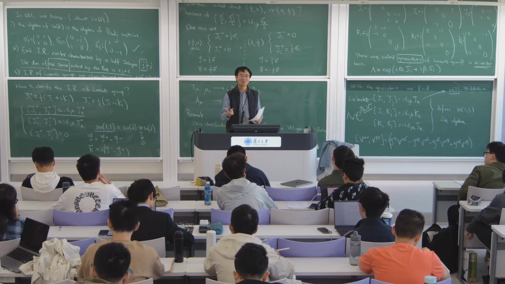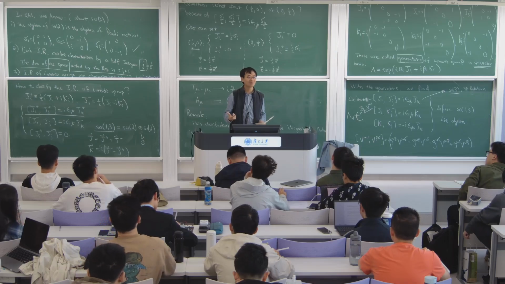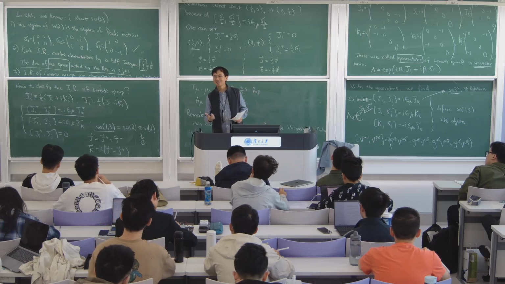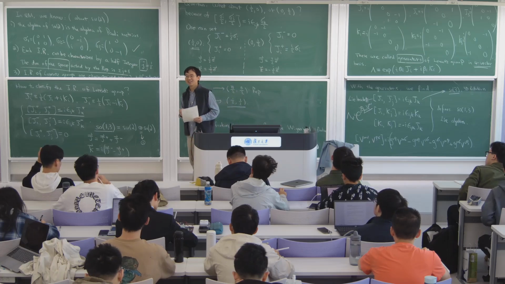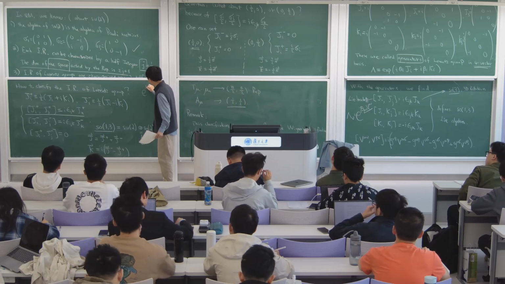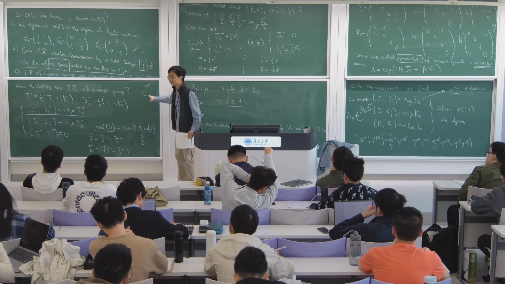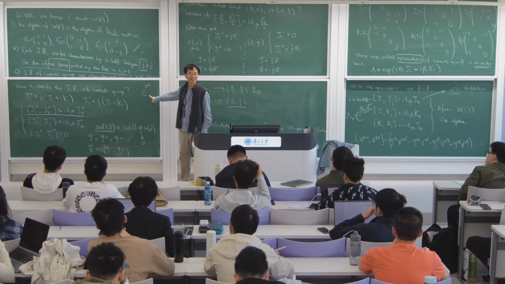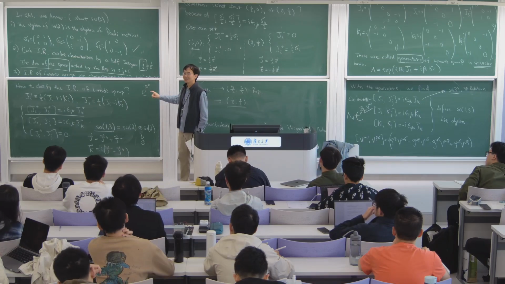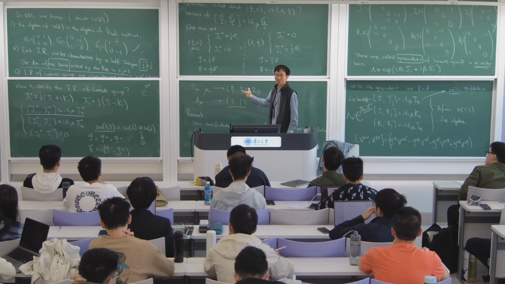But if you promote this reality to operators, that's nothing but Hermitian. So you can easily imagine that if you put some real number in here, then this is unitary, the same thing. If you have a generator which is Hermitian, the transformation matrix is unitary.